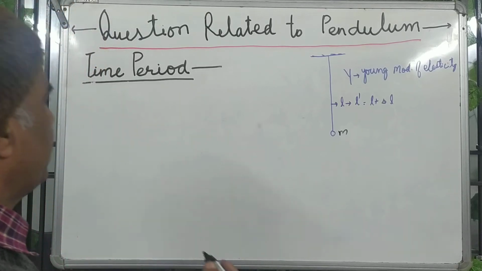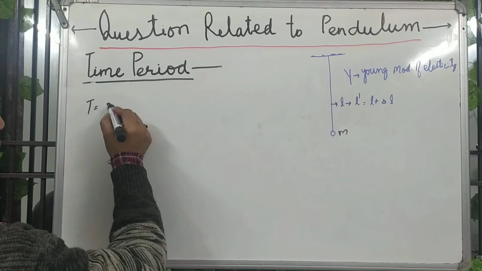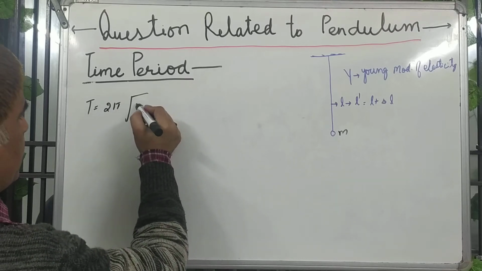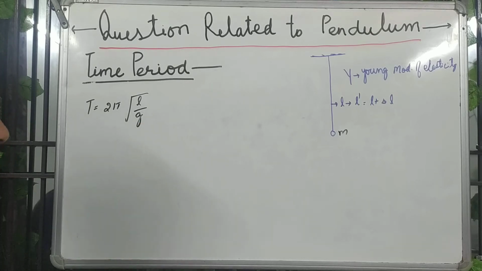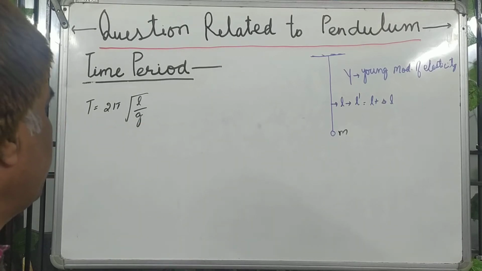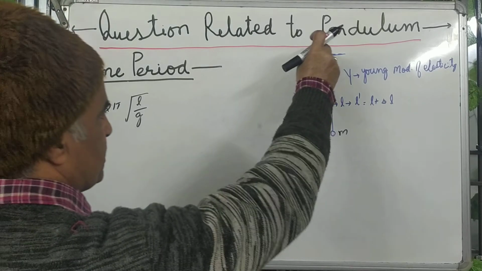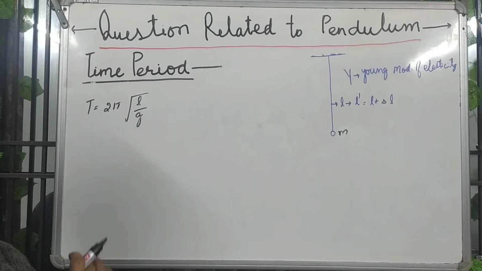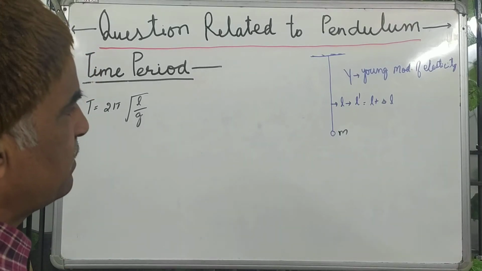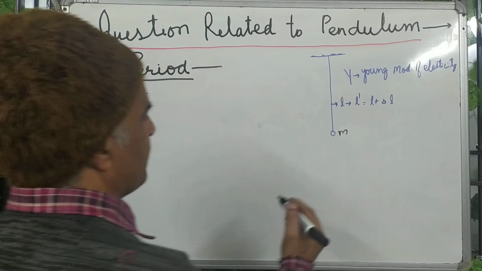You know very well that time period T equals 2 pi root L upon g. But now the length will change due to stretch. So what is the new length due to stretch?